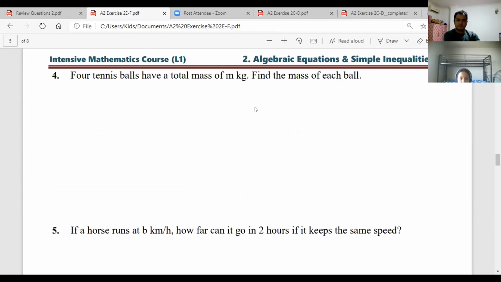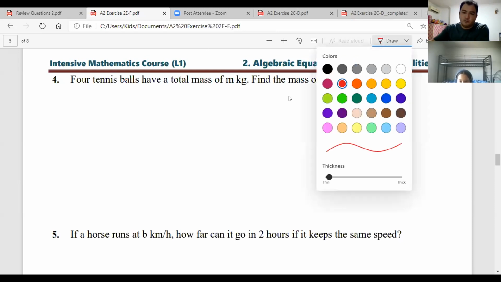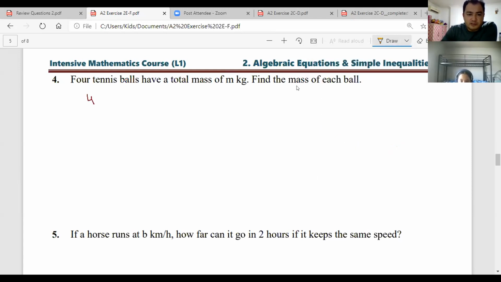Four tennis balls have a total mass of M kilograms. Find the mass of each ball. Okay, so do we divide it by M? Yeah. 4 tennis balls have a total mass of M kg, right? This kind of question you can solve in many different ways. One way is 4 tennis balls, let's say, is M kg.